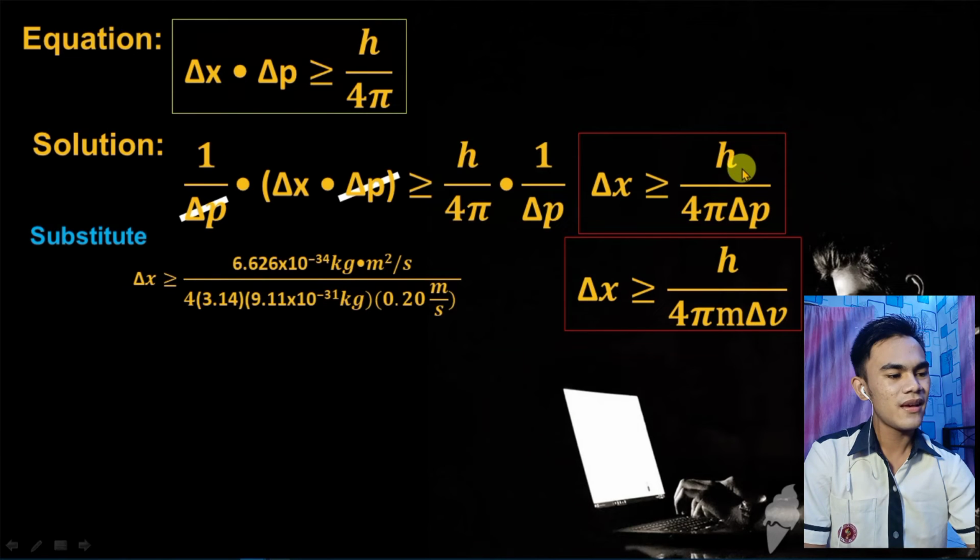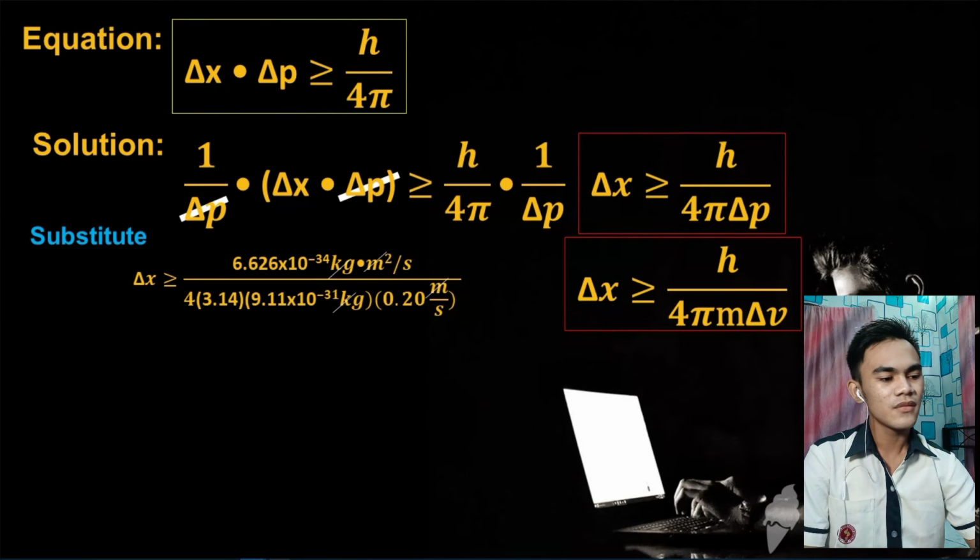The Planck's constant h is 6.626 times 10 raised to the power of negative 34 joule seconds, or kilogram meter squared per second. And copy the 4, and pi is equal to 3.14, multiplied by 9.11 times 10 raised to the power of negative 31 kilogram, that is our mass of the electron, and the change of velocity given as 0.20 meter per second.